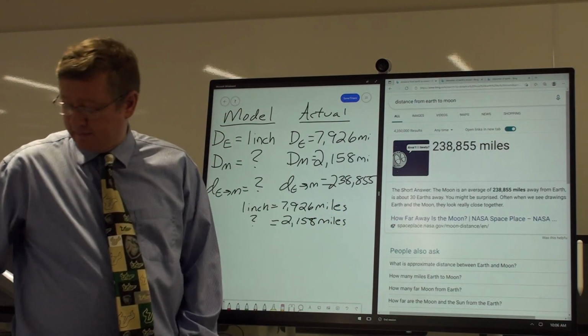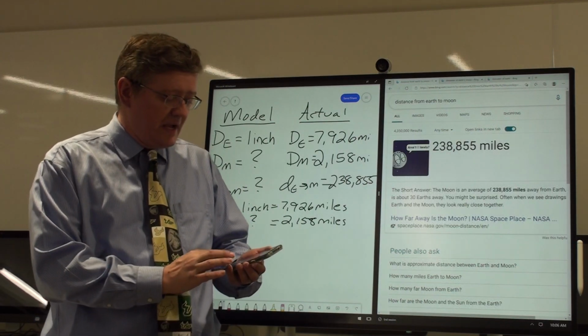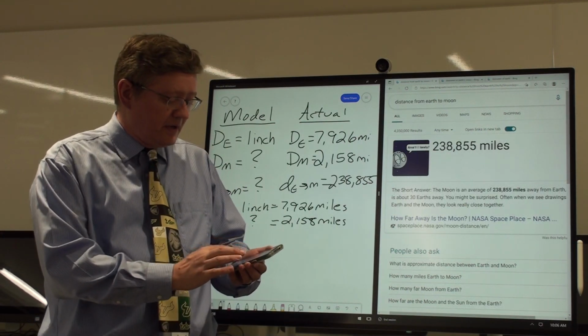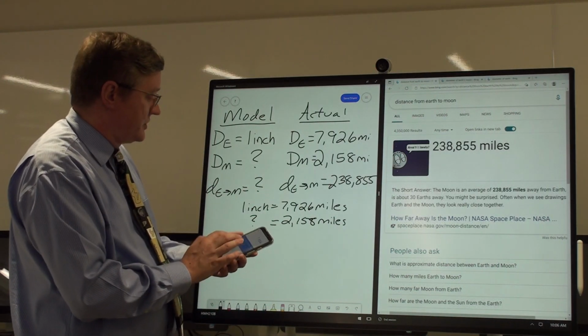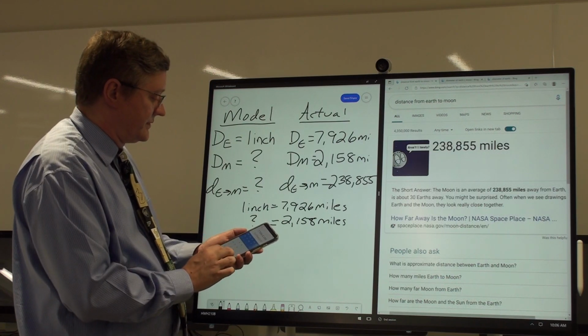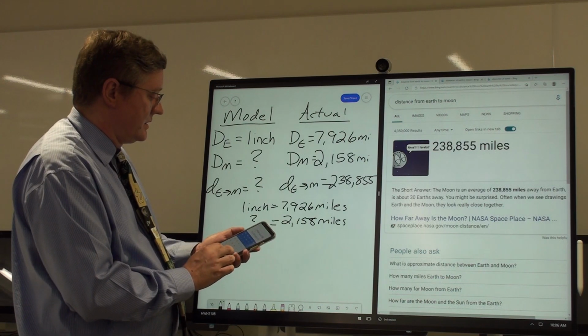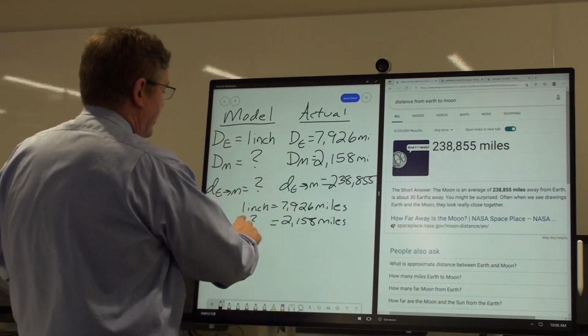I'm going to divide. You can use your calculator, you can use the calculator on your phone. I really don't care. But when I take 7,926 and I divide it by 2,158, I get 3.67.